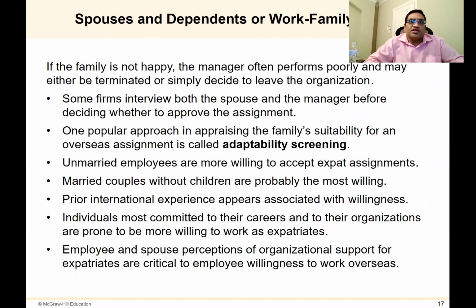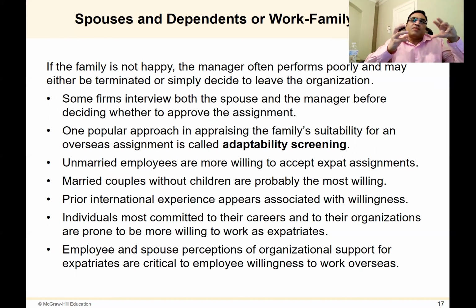And then the spouses and the dependents can make the situation challenging, or they can make the situation better. Let's say the person has his or her family back in the US, and they're overseas, and they can get to see their family members only once every 3-4 months or 6 months. That may cause a bit of strain on the family ties, marriage, things like that.